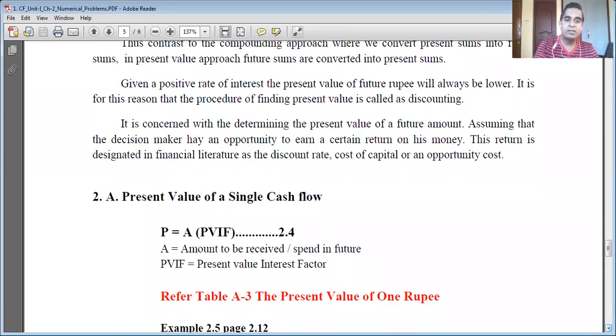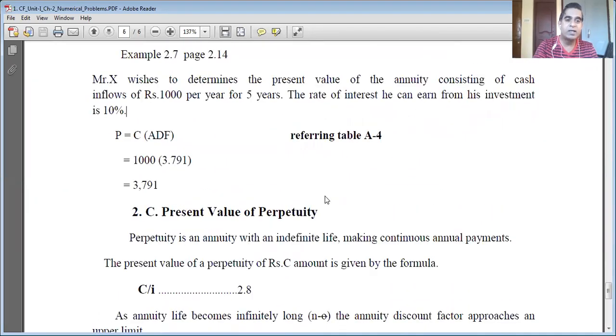And in discounting technique, first we learned how to find the present value of a single cash flow. Discounting technique is nothing but present value technique, in which we convert future value into present value. So we solved a simple numerical.